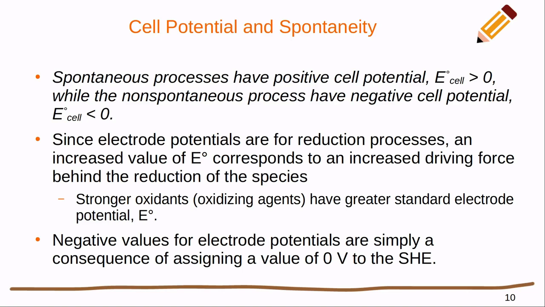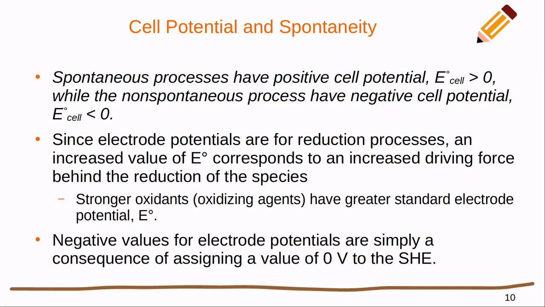Next key thing to keep in mind: when we say this standard E here, we're talking about the standard E's that we would have looked up in Appendix L for a specific species. We're not talking about E cell here. What we're saying is that when those values go up, meaning that they're less negative, possibly, or they're more positive, that means that species wants to be reduced more.